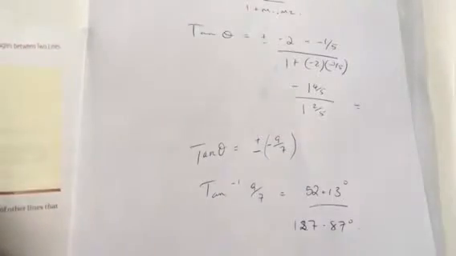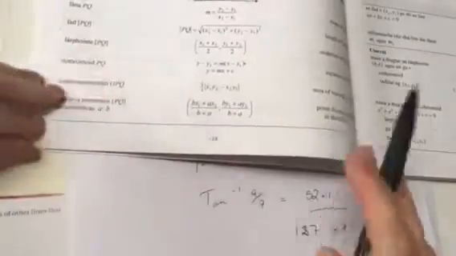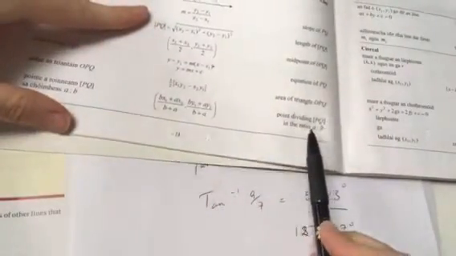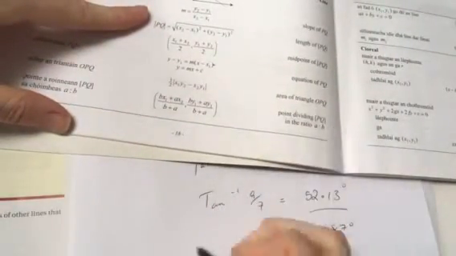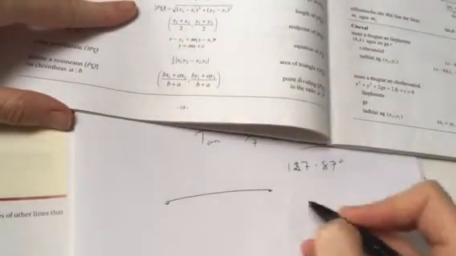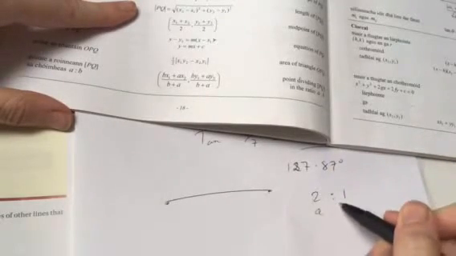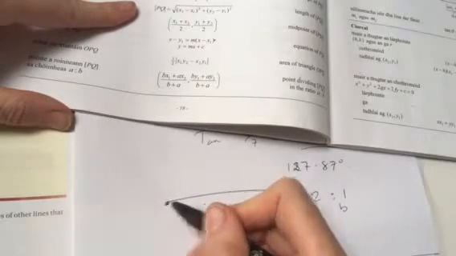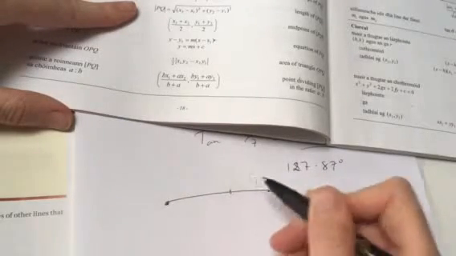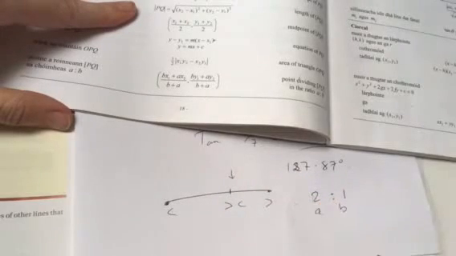And then the last formula that we'll look at is dividing a line segment into the ratio A is to B. Again, you need to be careful with your log tables and notice that A comes first and then B. That makes sense, because if this is my line segment and I want to divide it into the ratio of 2 is to 1, and I don't write down that this is A and this is B, what I'm looking for is the point here where it's in the ratio of 2 is to 1.